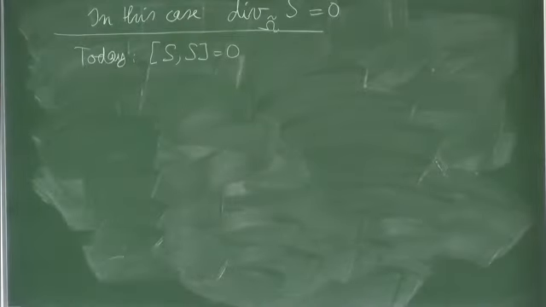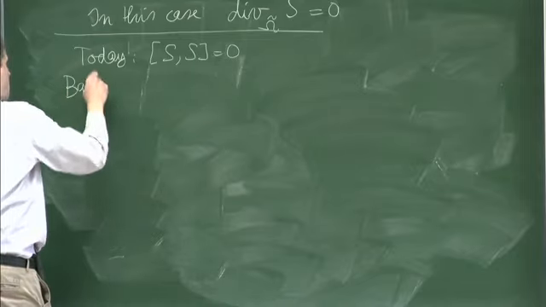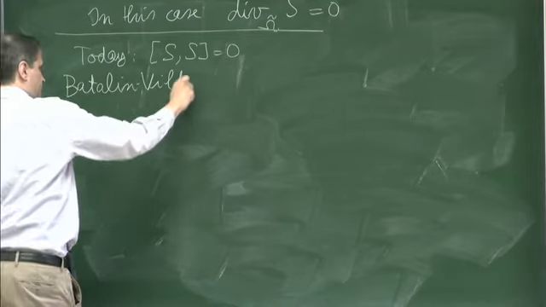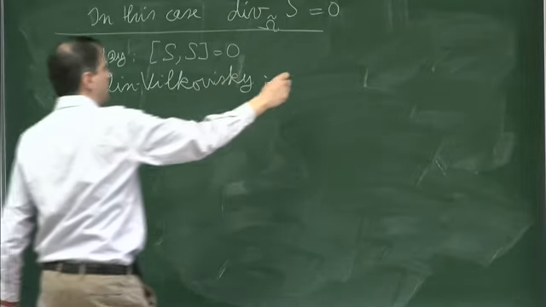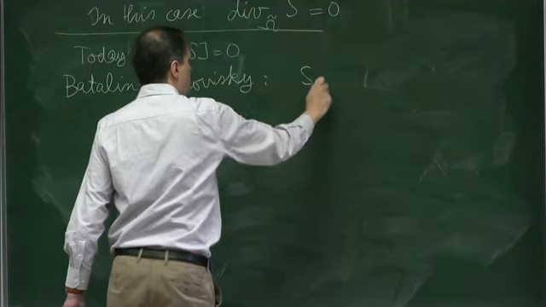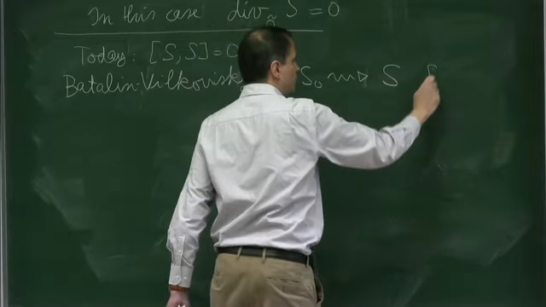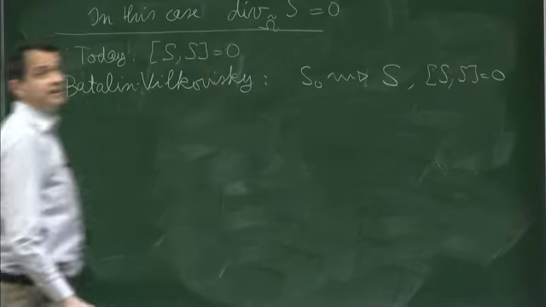And so the problem is, this is Batalin-Vilkovisky really. They start from S0 and they say that out of it you can construct a solution of the quantum master equation.